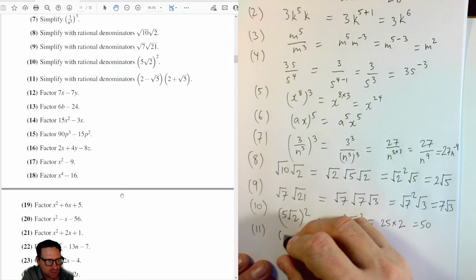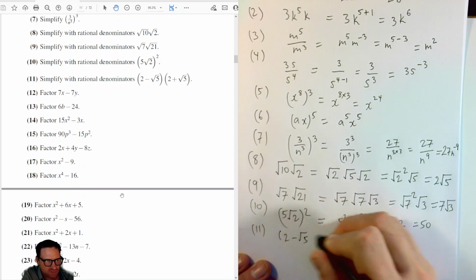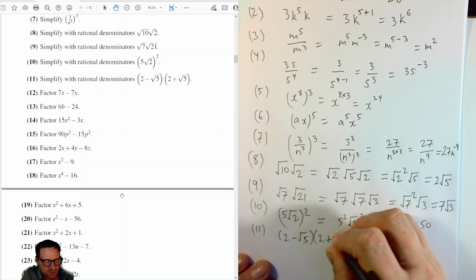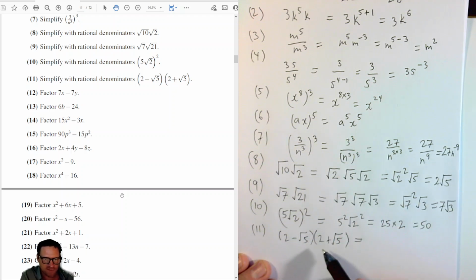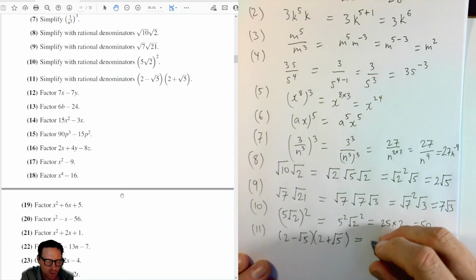Simplify with rational denominators 2 minus root 5 times 2 plus root 5. So this is the factorized form of a difference of two squares.